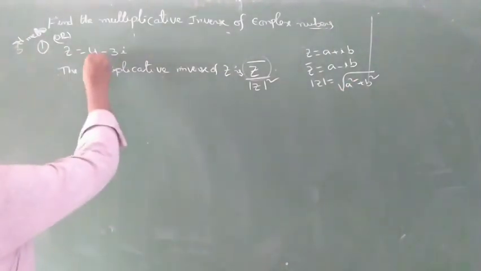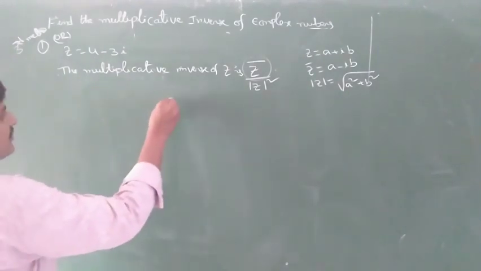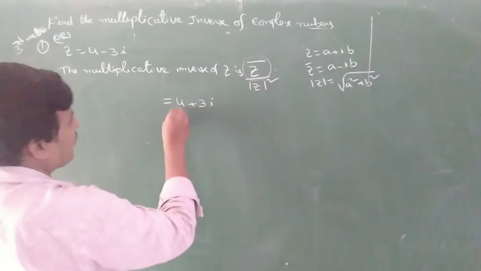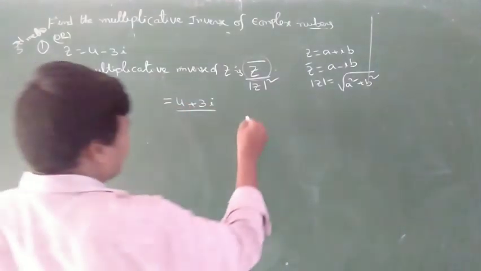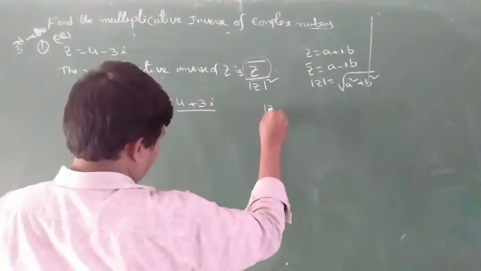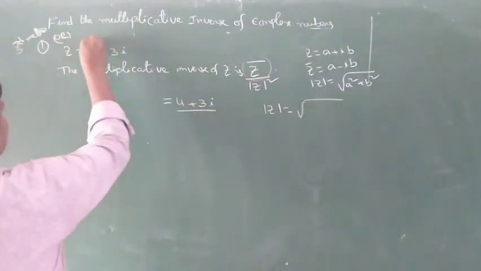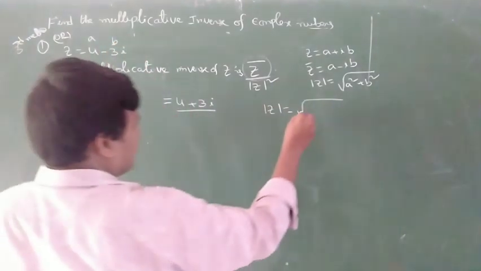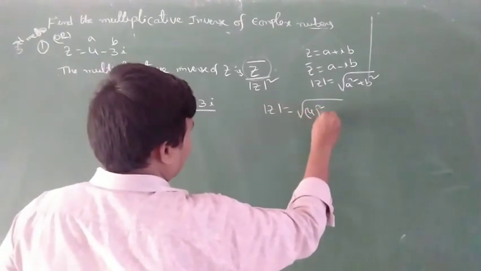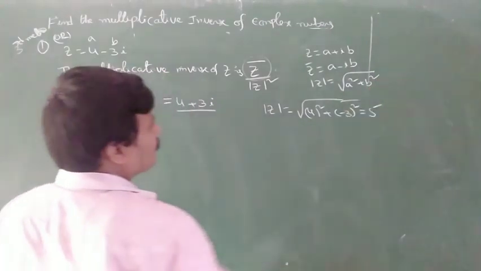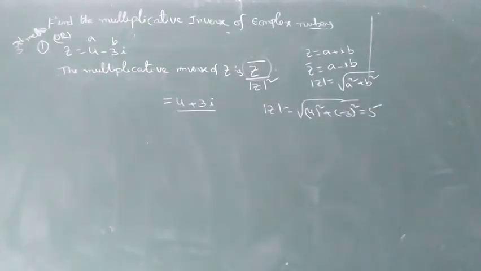So Z bar is equal to 4 plus 3i by mod Z. Mod Z is equal to root of, here what is a? This is a, this is b. So 4 square plus minus 3 whole square, that is 16 plus 9, root 25 is equal to 5.